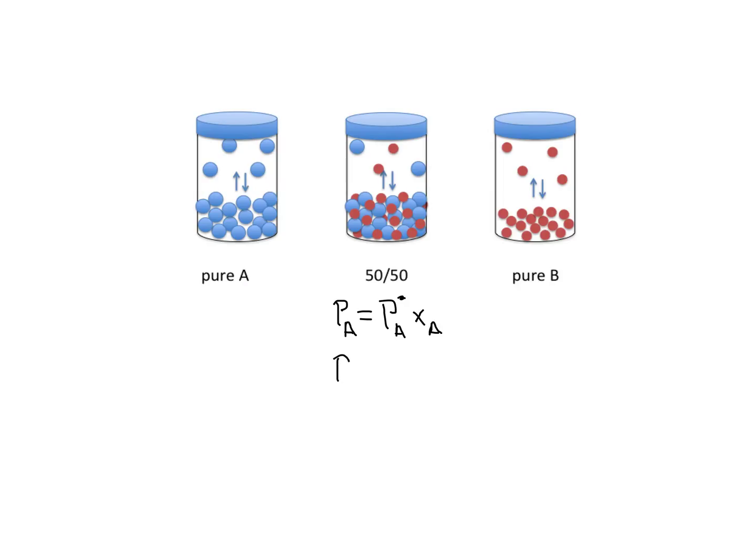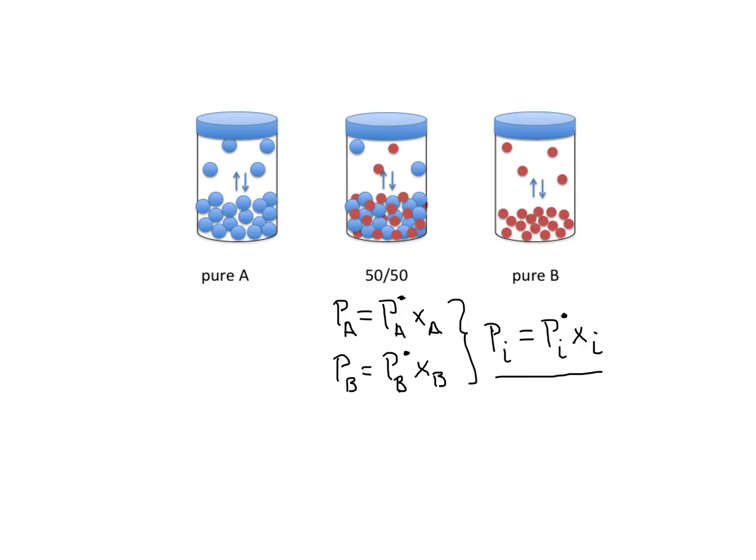Likewise, the pressure of B above the mixture is equal to the pressure of B above pure B times the fraction of molecules that are B molecules in the mixture. Or in general then, the pressure of any component I above a mixture is equal to the pressure of that component above the pure substance times the fraction of particles of that substance in the mixture.